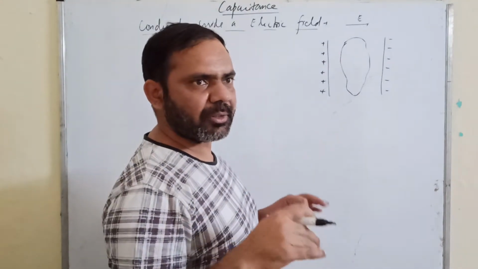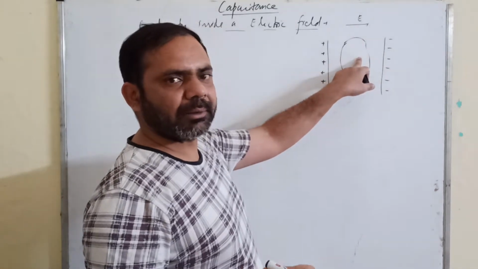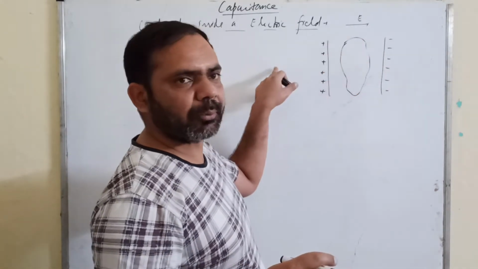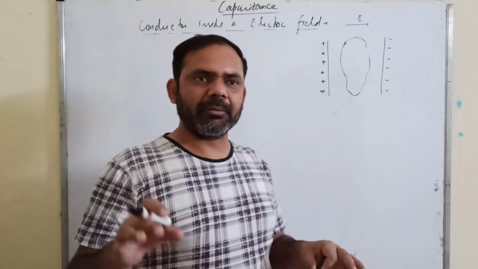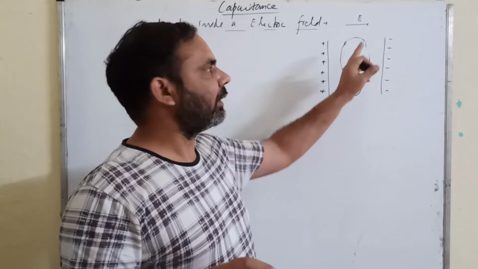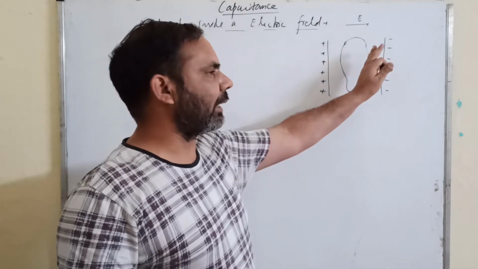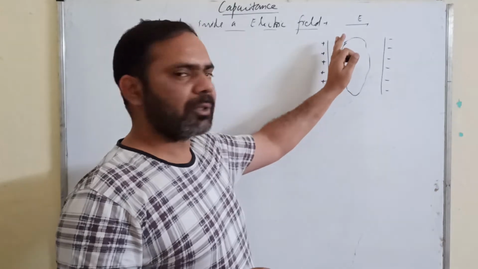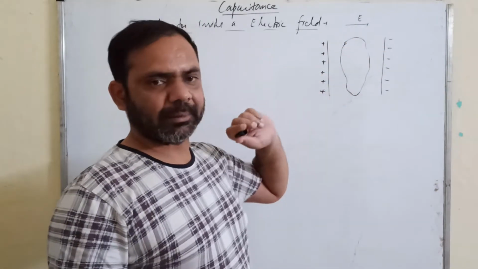The positive charges start moving towards the negative terminal, and the negative charges start moving towards the positive terminal. Actually the negative charges are free to move and they accumulate on one end, and as a result, since negative charges from this end move towards that end, an equal positive charge develops on the other side.